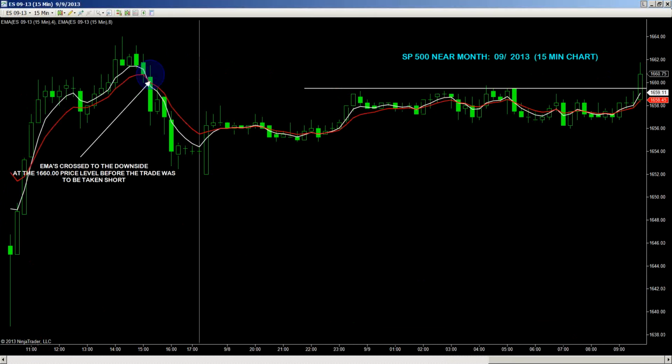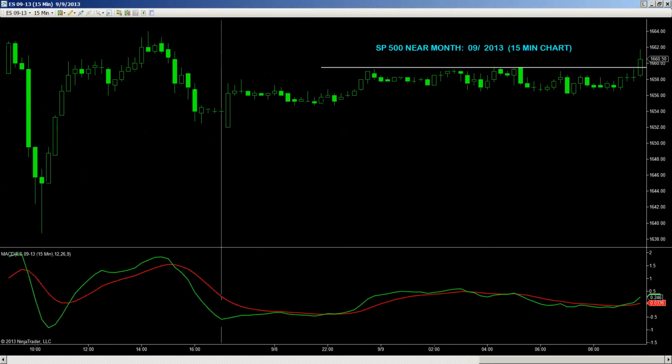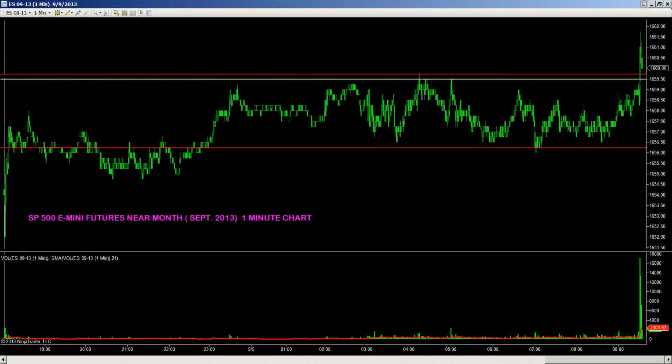Still positive on the 15-minute charts here across the board. Positive on the short-term money flow index. Positive MACD pre-cross. Volume positive on the 1-minute chart right on market opening.